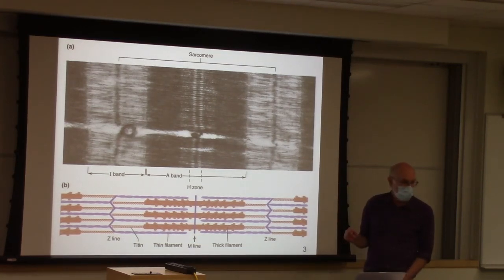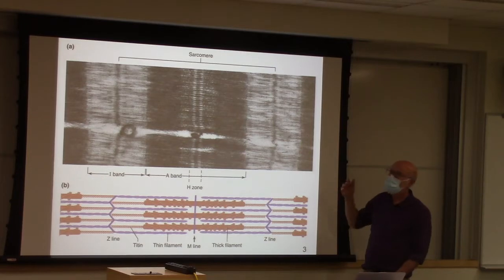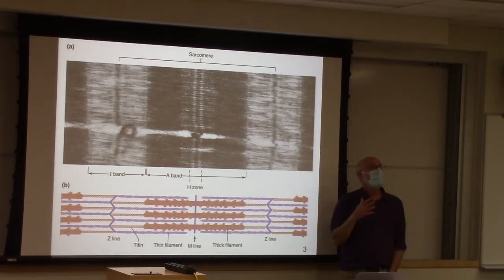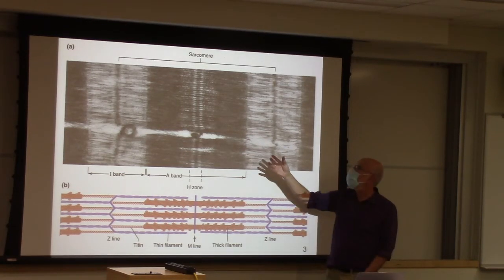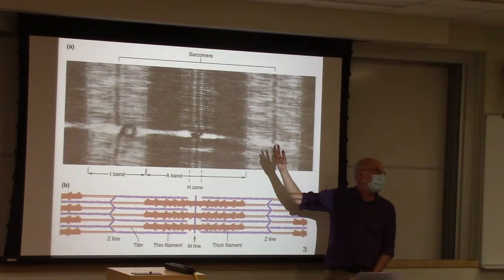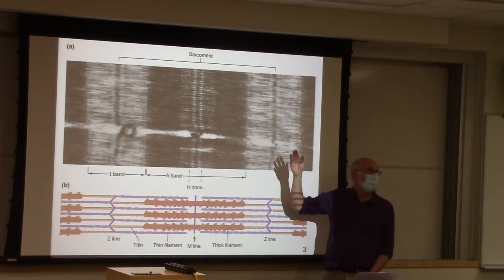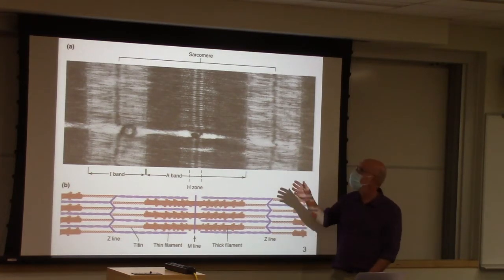Skeletal muscle and cardiac muscle are both considered striated muscle because they look stripy under a special microscope. Striped. That's what striated means.